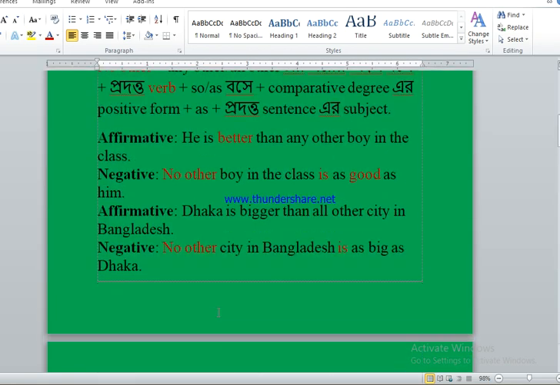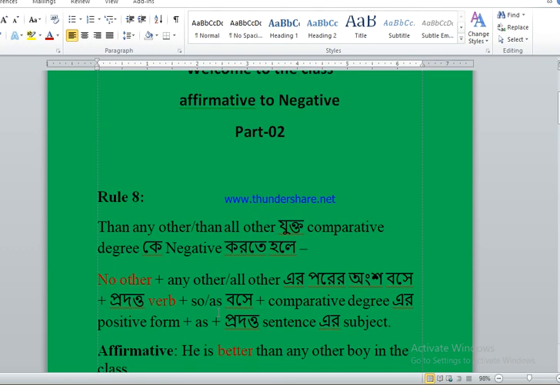That means in my two classes I have discussed 12 rules of affirmative to negative sentences, and I hope that if you try and practice these rules and make more examples and try them your own way, you will do better and your understanding will be clearer.